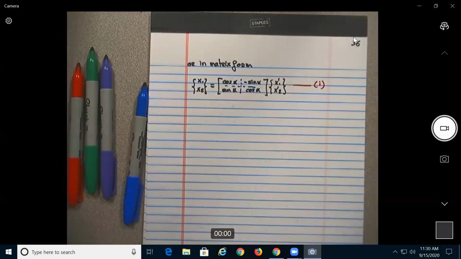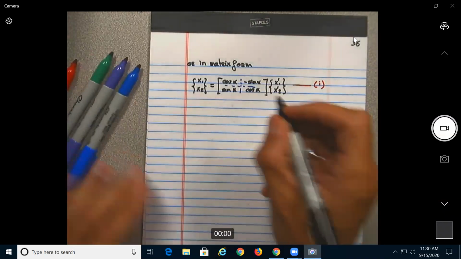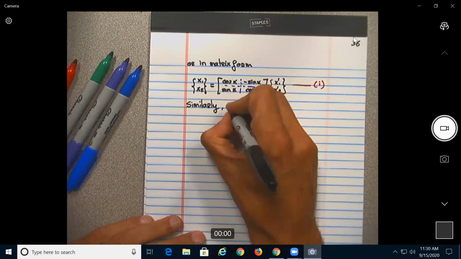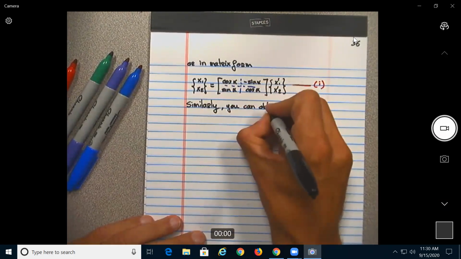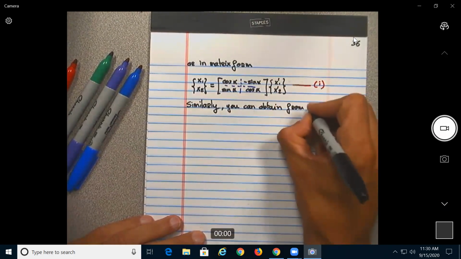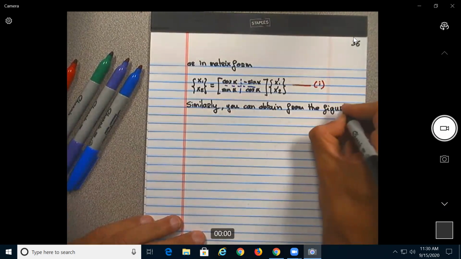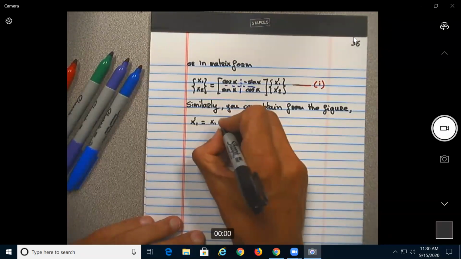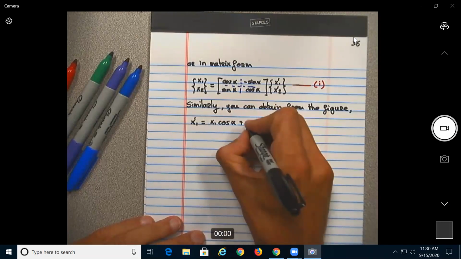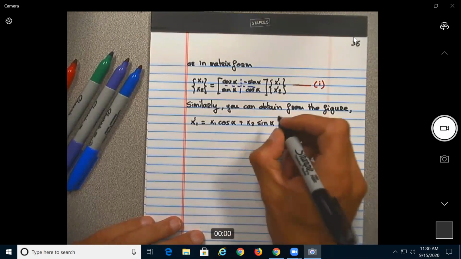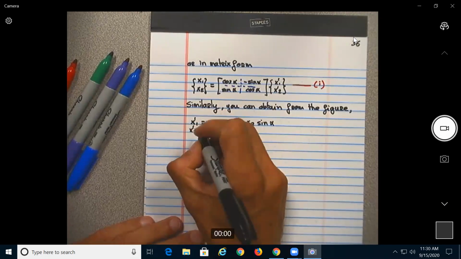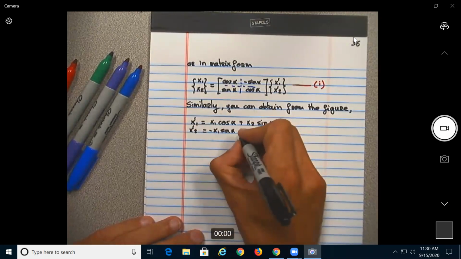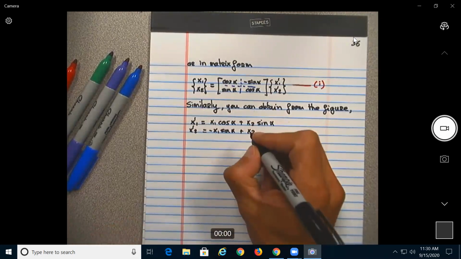So without going into too many details, similarly you can obtain from the figure that x prime 1 is equal to x1 cos alpha plus x2 sine alpha, and x prime 2 is equal to minus x1 sine alpha plus x2 cos alpha.